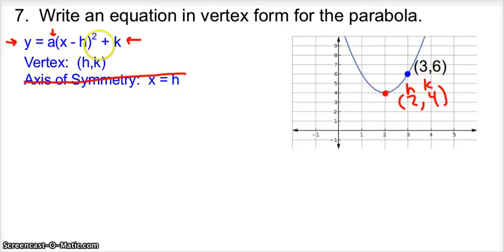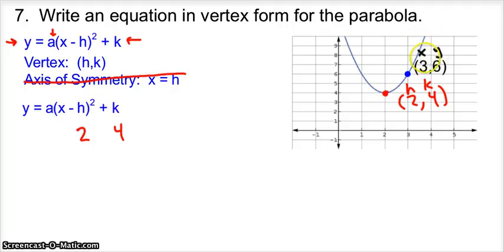So let's go ahead and use this to figure out an equation for it. So I'm going to plug in my h, k because I already know that. So that's going to be a 2, and then I have a 4 for my k. Again, I'm getting that from my vertex. Now I'm going to use the points on the graph right here, and this is going to be my x, y points.